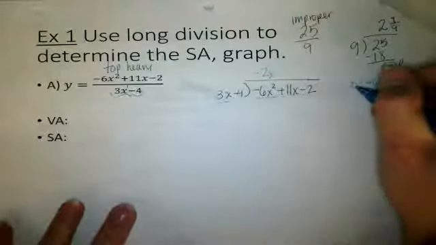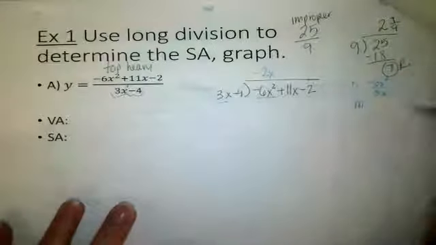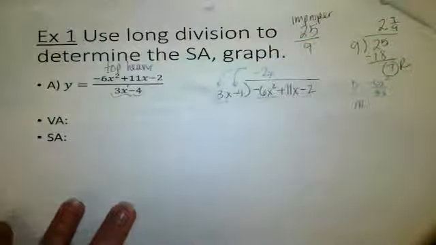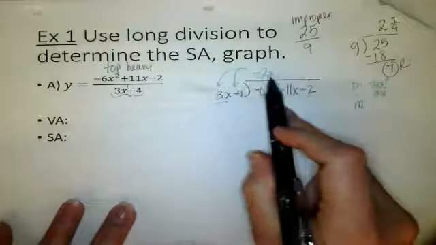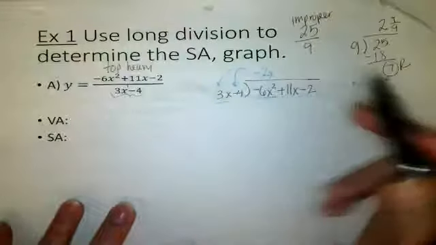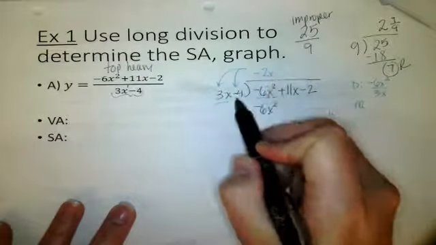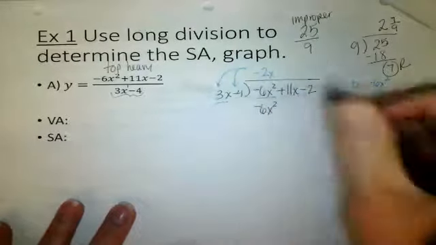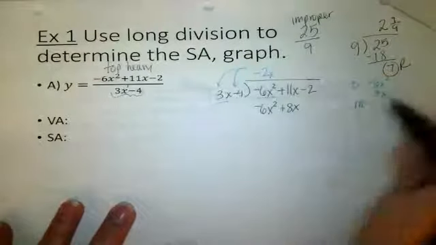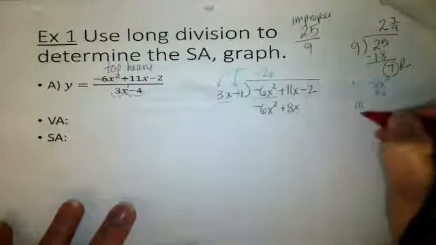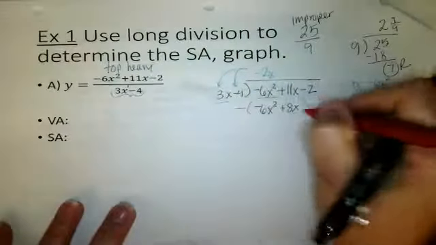What do we do after that? What's our pattern? Divide, multiply. Yeah, so we are going to multiply. Negative 2x times 3x is negative 6x squared. Negative 2x times negative 4? Positive 8x. Good. What's the next step after we multiply? Subtract. So we're going to subtract everything.